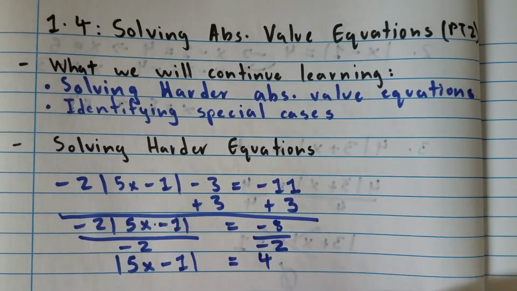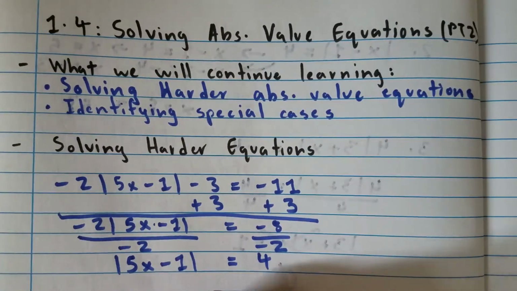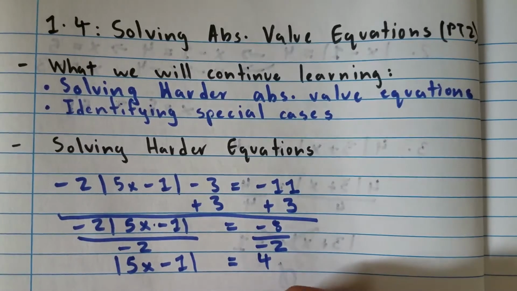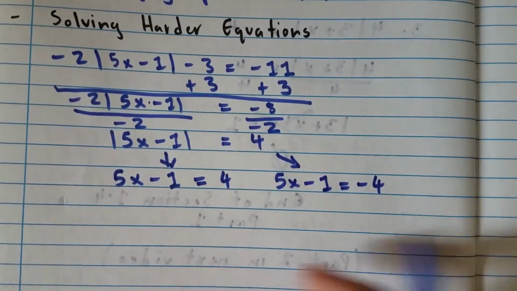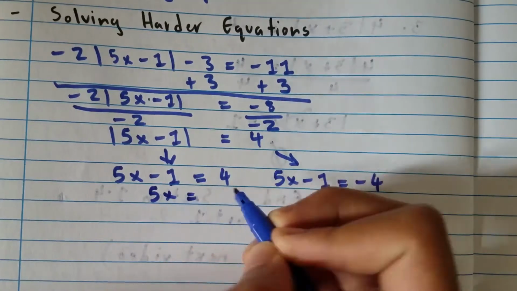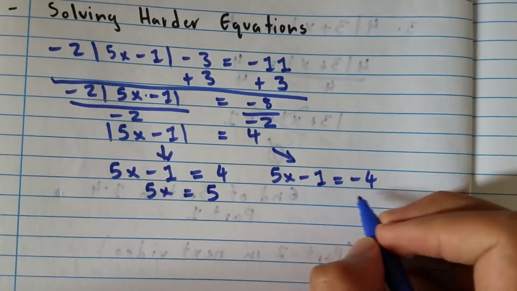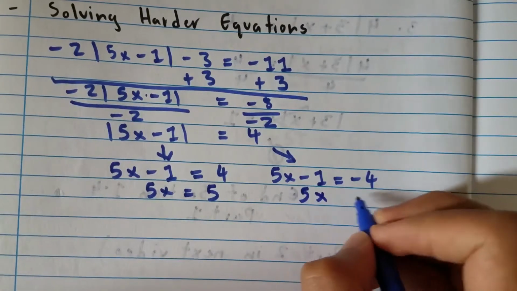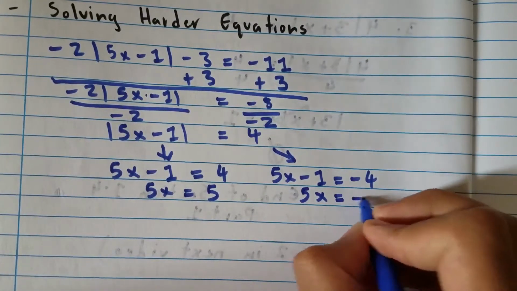So we know by the property of absolute value equations that the absolute value of 5x minus 1 equal to 4 means 5x minus 1 equals 4, and it will also mean 5x minus 1 equals negative 4. And then we just have to solve these two linear equations. So we get 5x equals 4 plus 1, which gives us 5. And 5x minus 1 equals negative 4 can be translated into 5x equals negative 4 plus 1, which gives us negative 3.